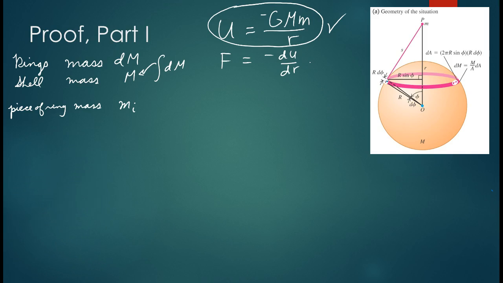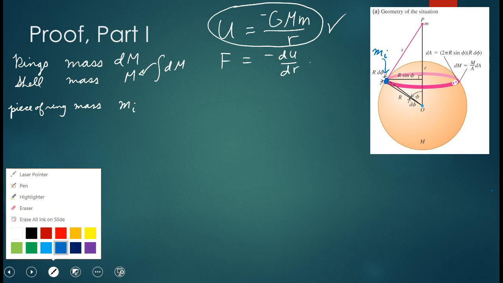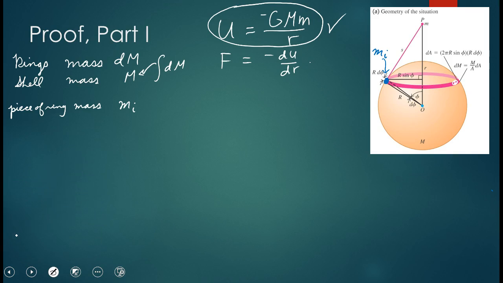Right here, that's where our m_i is going to be. So we can calculate the gravitational potential energy between that small m_i and the point mass little m, and we can say that the potential energy from that is equal to negative G m_i m over s, and s is the distance from m_i to m.